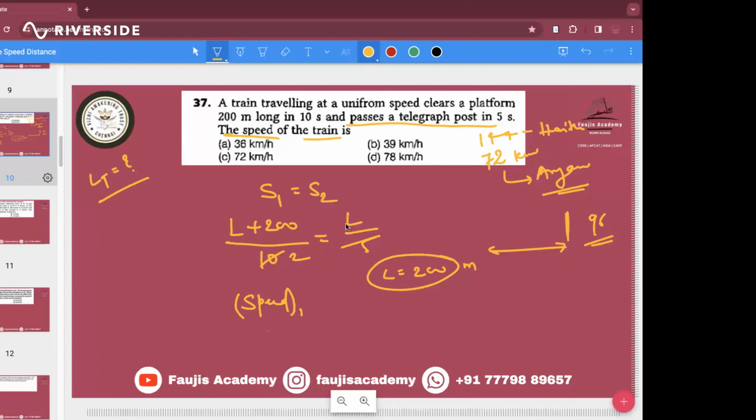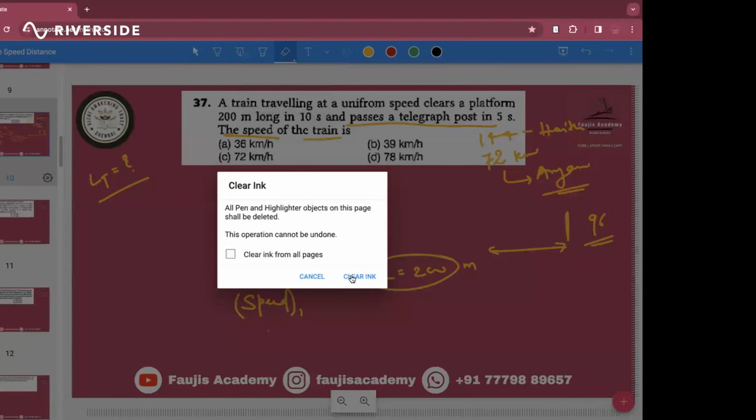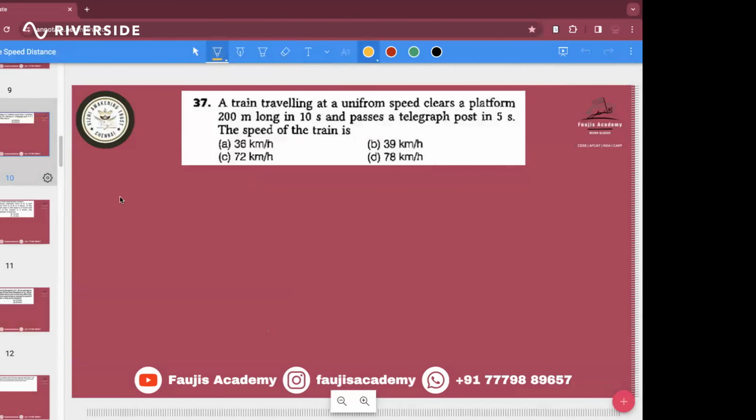Yes, guys. So far, are you with me? Sir, option C. Who is that? Kishore, sir. How did you get this number? Sir, I used the S equal to D by T formula. The distance is 200 meters, which clears a platform, 200 meters.